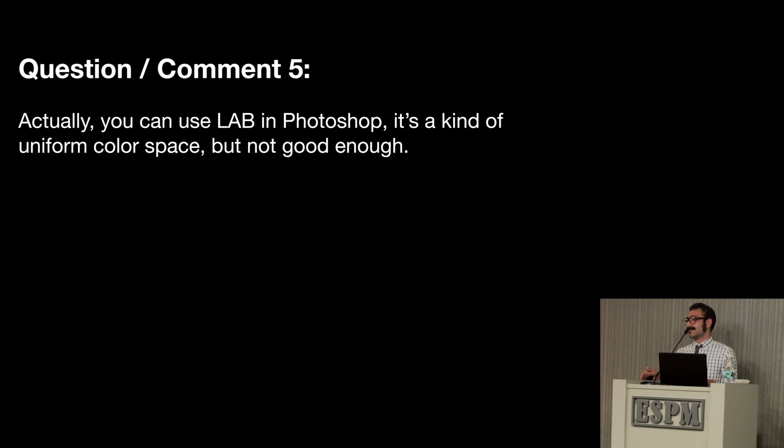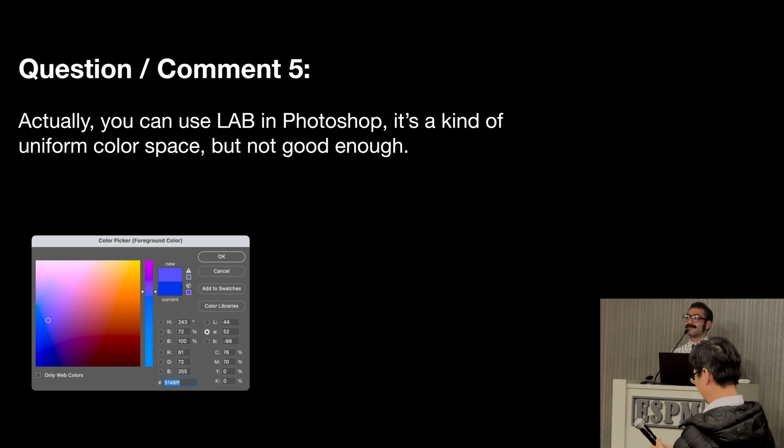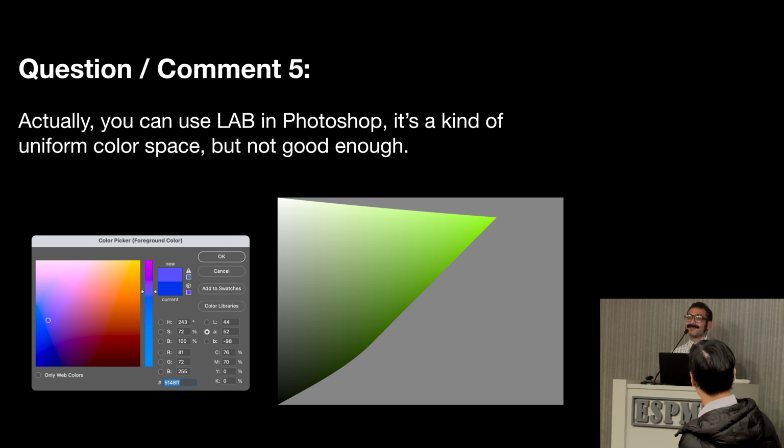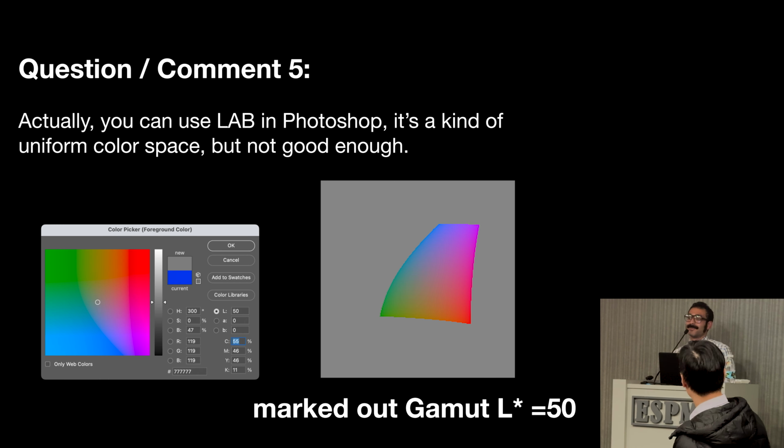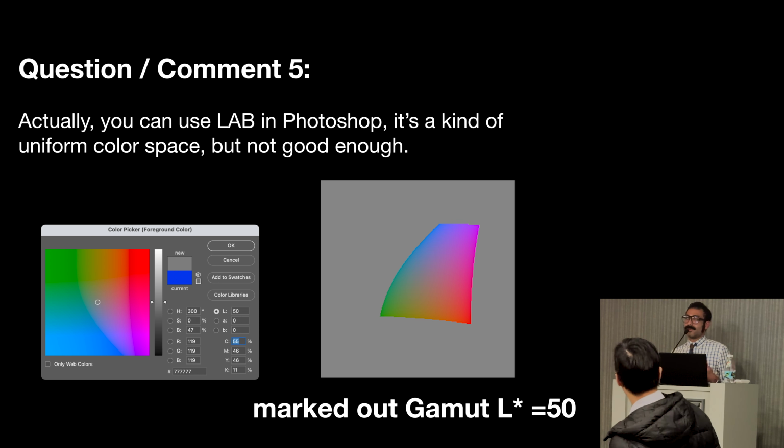Actually, you can use LAB in Photoshop. It's a kind of uniform color space, but not good enough. So let me say something about that LAB picker in Photoshop. It's just LAB, and designers inherently for their tasks need LCH. Also, the LAB picker in Photoshop does not mark out the gamut. It'll tell you if you go to chroma like 120, not chroma, A like 120, that something's up.